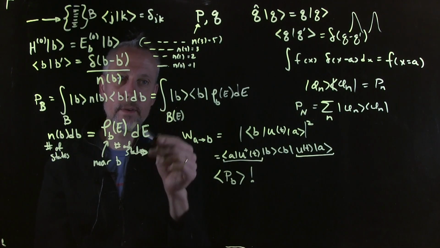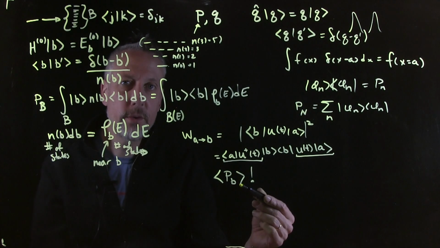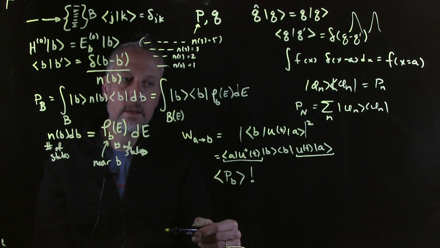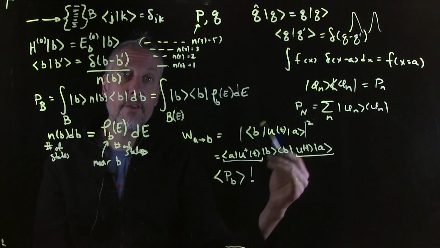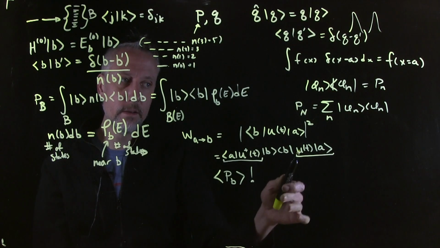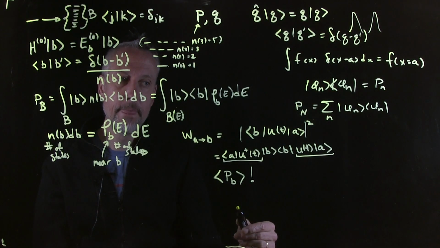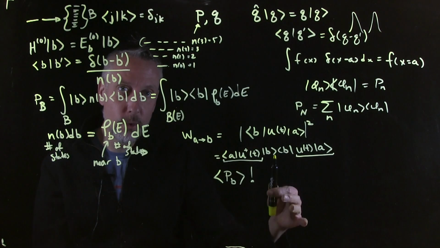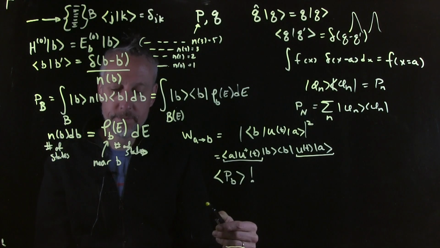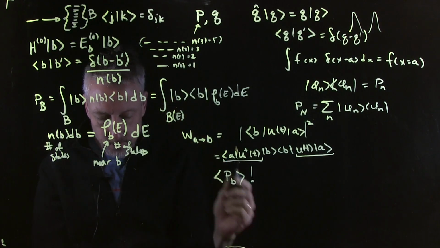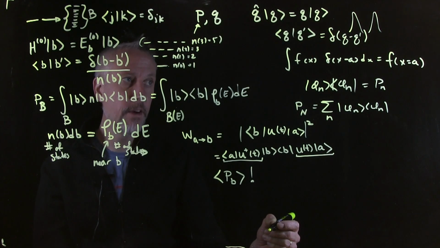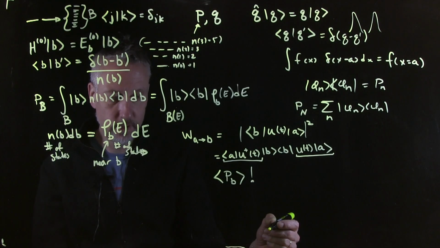That's why we messed around with all this. So all we have to do is compute the expectation value of P_B using the state vector that we evolve with the perturbation theory time evolution operator. And then we will have the transition probability to that order in the perturbation. Obviously, we need something to connect these two. All right, so let's work that out. We're going to use the first order term, of course, because that's what we're doing.